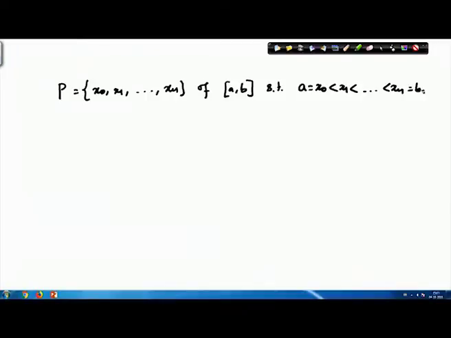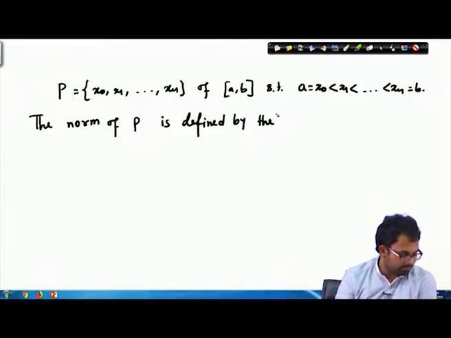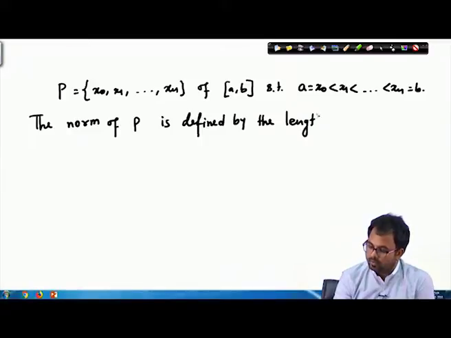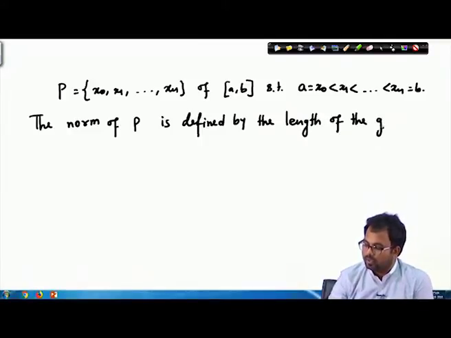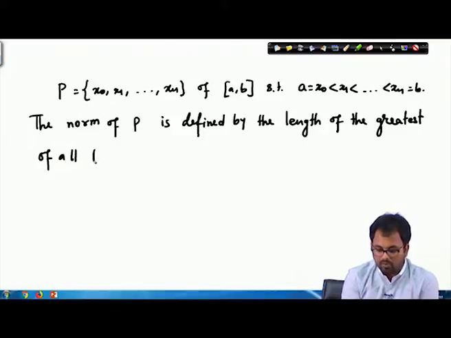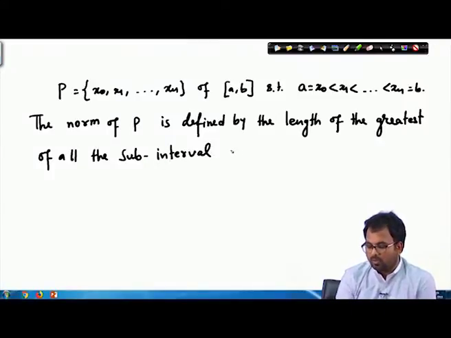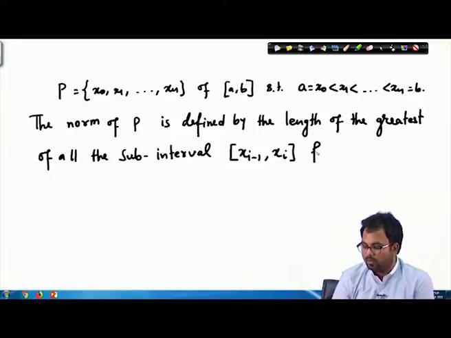The norm of P is defined by the length of the greatest of all the subintervals [x(i-1), xi] for i running from 1 up to n.